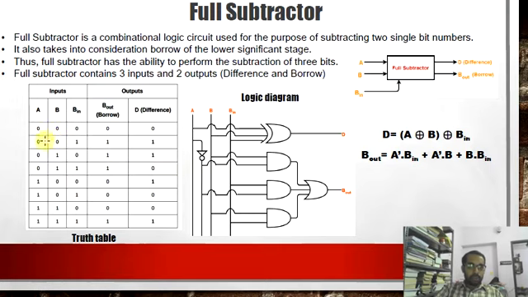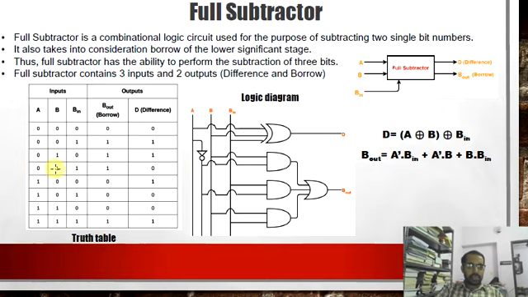So you need to borrow 1 here, so the borrow is 1, and 10 minus 1, the difference will be 1. Here 0 minus 1, so you need a borrow, so borrow is 1, 10 minus 1 is 1, so the difference is 1. 1 minus 0 is 1, so difference 1, borrow 1.